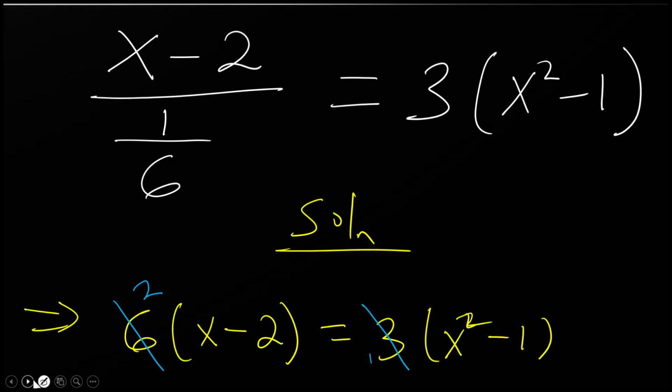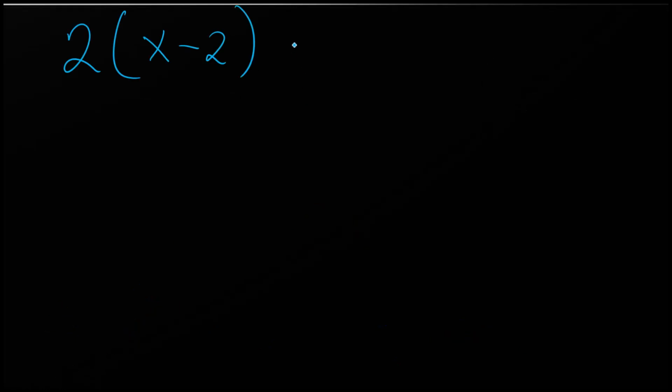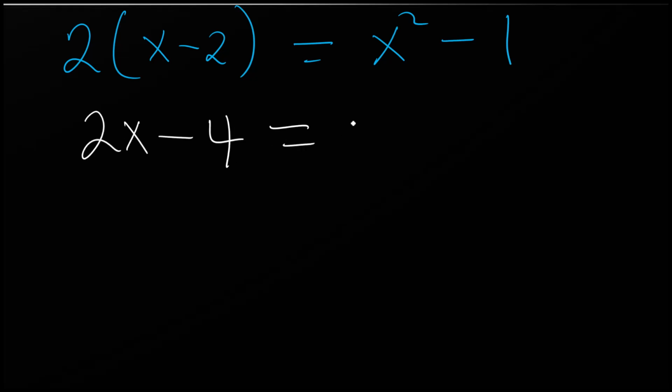So we have 2 out, x minus 2 equals x squared minus 1. So from here we have 2x minus 4 equals x squared minus 1.